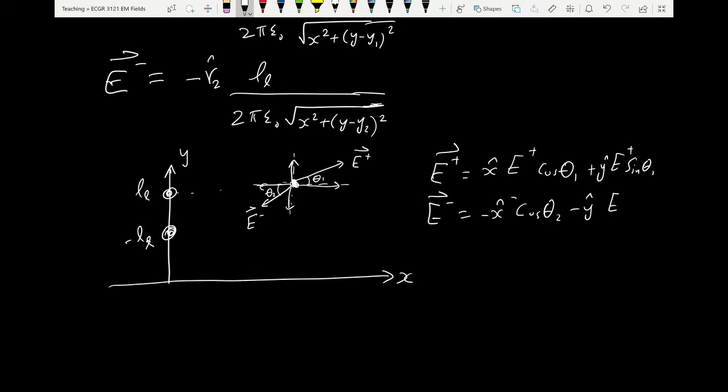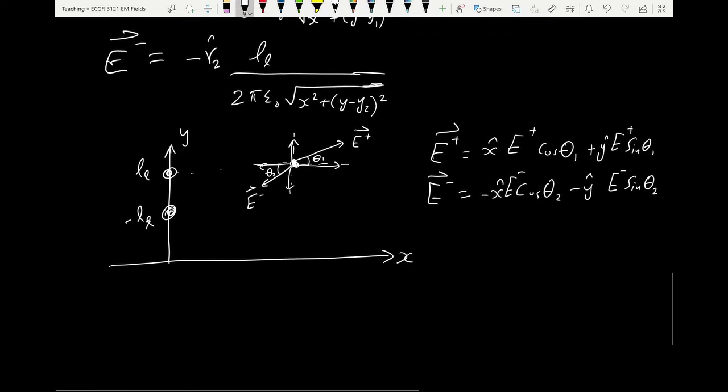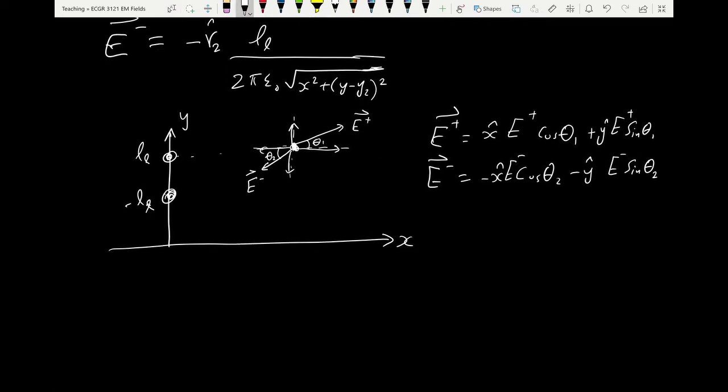Oh, of course, I forgot the E minus here. Right? So I know how to write cosine theta 1 and cosine theta 2 in terms of Cartesian coordinates.